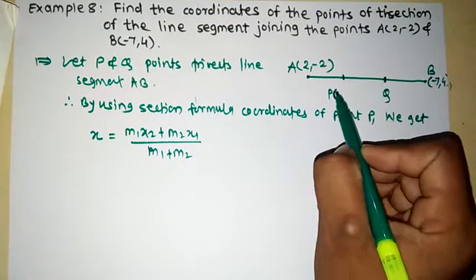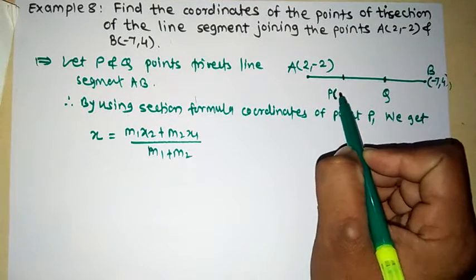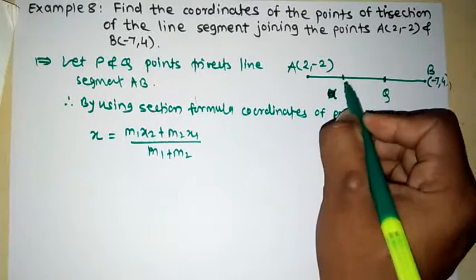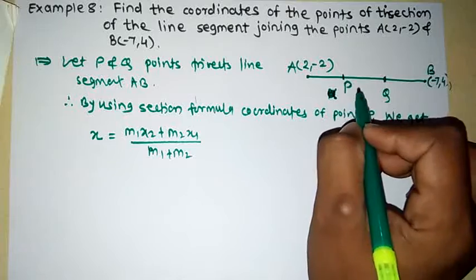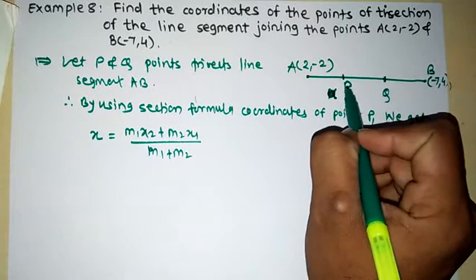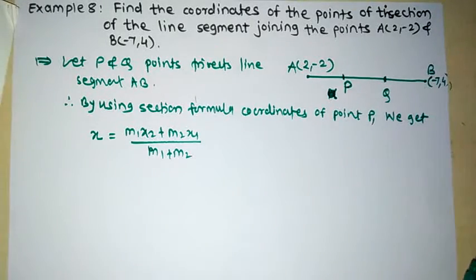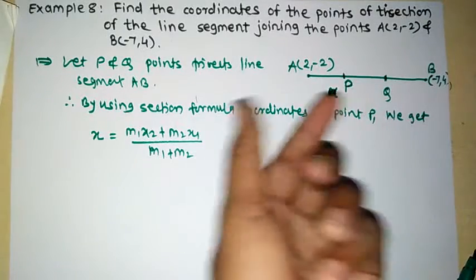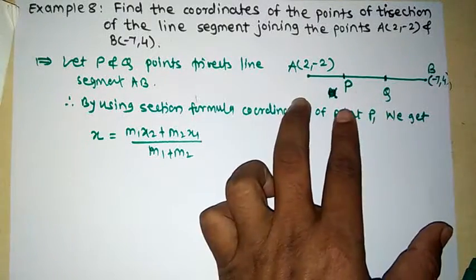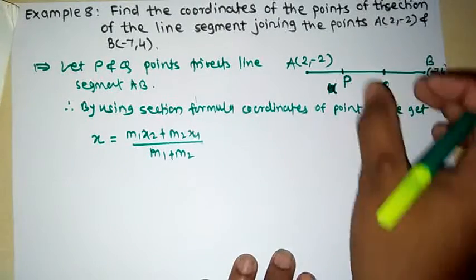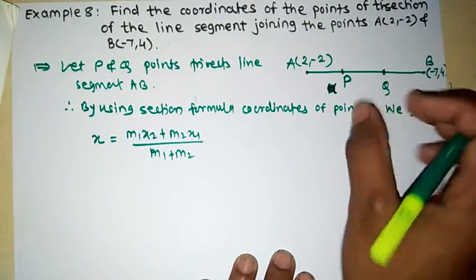While finding the coordinates of the point P, see here, this point P divides the line segment in which ratio? Before P, how many parts are there? Before P, there is a single part, that is AP, and after P, how many parts are there? PQ and QB. These two parts are there.